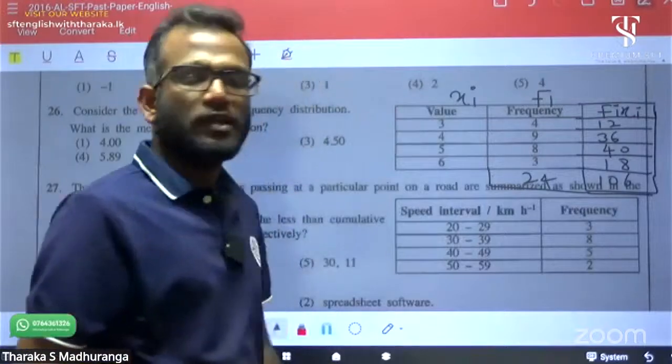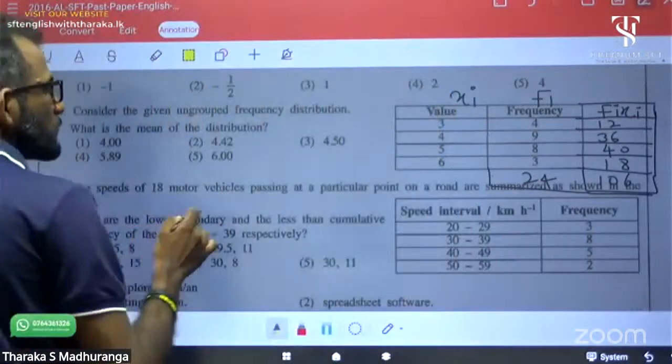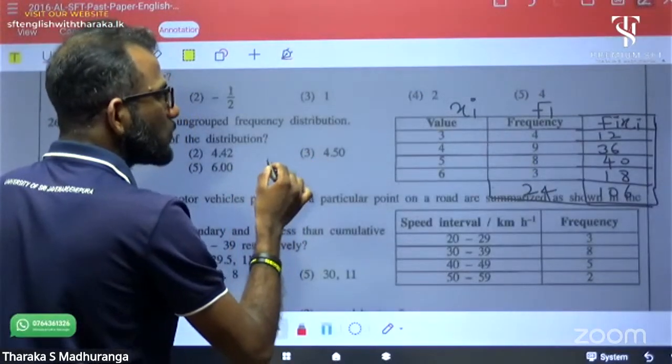Okay, ungrouped frequency distribution mean calculation. What is the equation? Sigma fi xi divided by sigma fi. Now, no need to write equations, it is an MCQ.